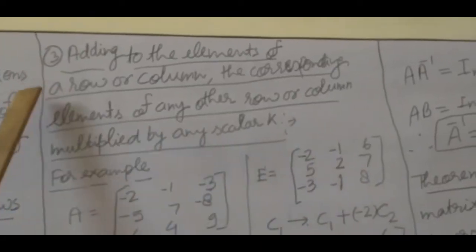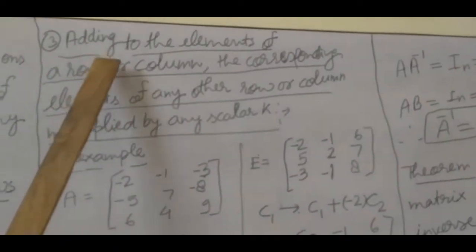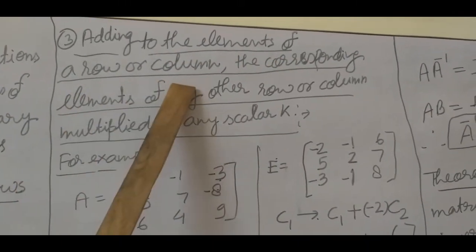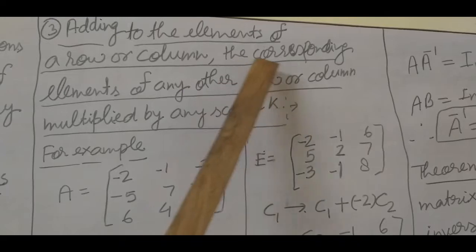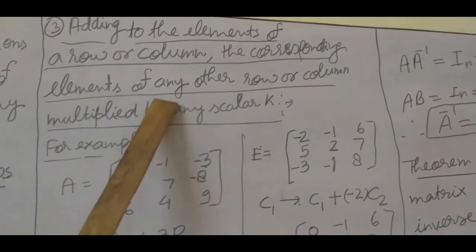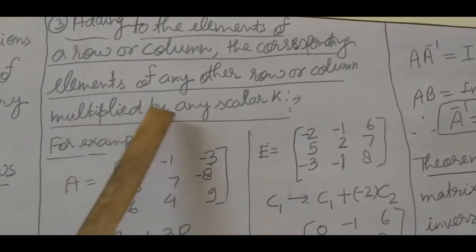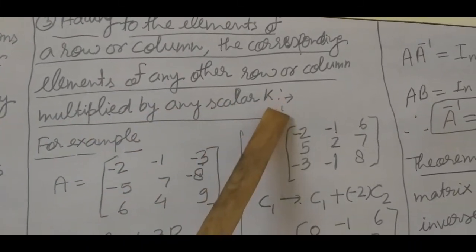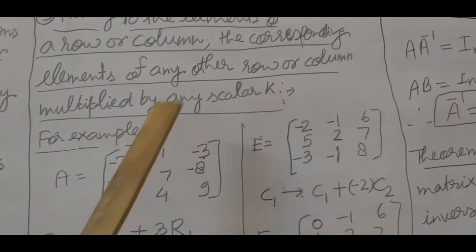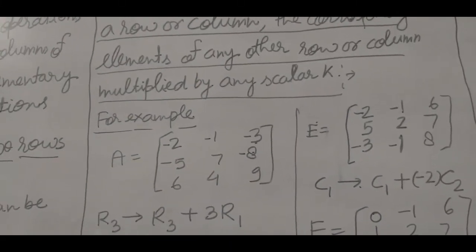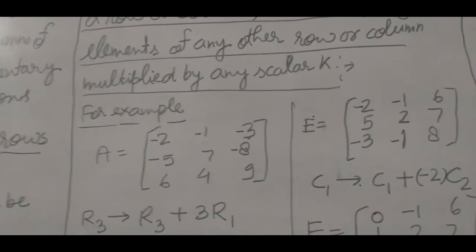Now student, third operation: adding to the elements of a row or column the corresponding elements of any other row or column multiplied by any scalar k. It means the first row elements we can add to the second row elements after multiplying by any scalar.